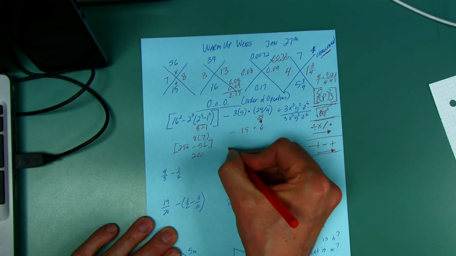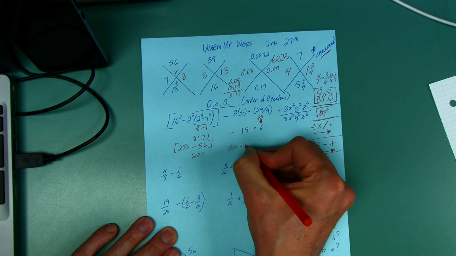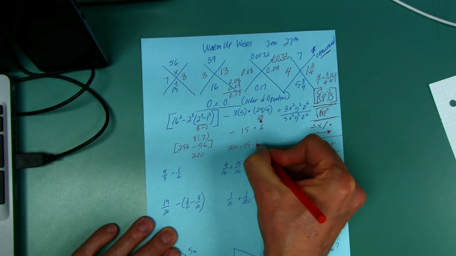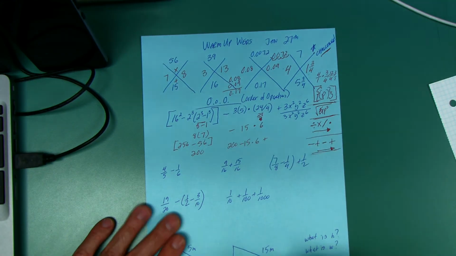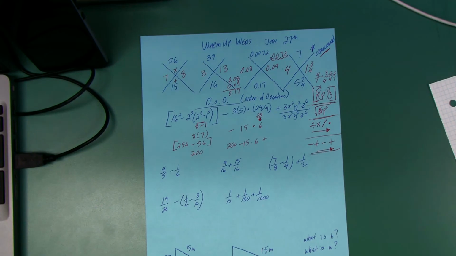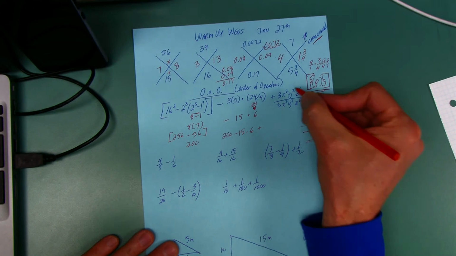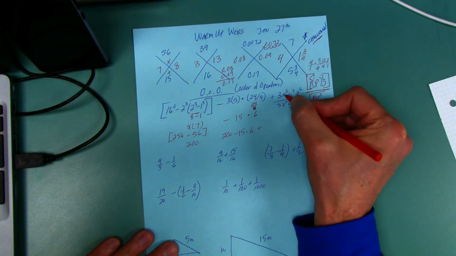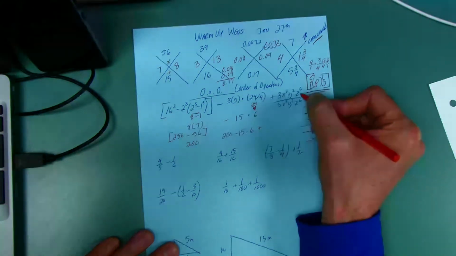What's my problem now? I got 200 minus 15 times 6 plus this big, ugly, scary fraction. I don't even want to look at that. It looks so scary. Did I fool you? Anybody recognize it? That's not ugly, scary. That's your friend. Look at this. 3, x squared, y squared, z to the 6th power.